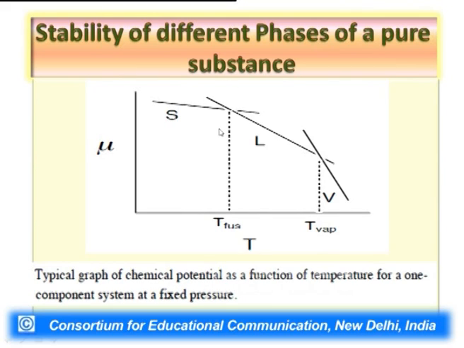So this graph makes it very apparent for us to appreciate the criteria of equilibria between phases. If there are two phases which are in equilibrium, then the chemical potential of a particular substance constituting the phases should have the same value. That is, the chemical potential of a substance in both the phases which are in equilibrium should have the same value.